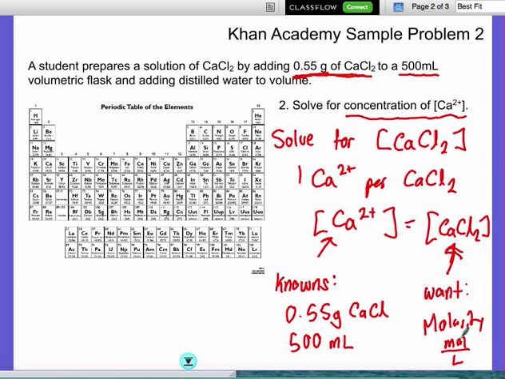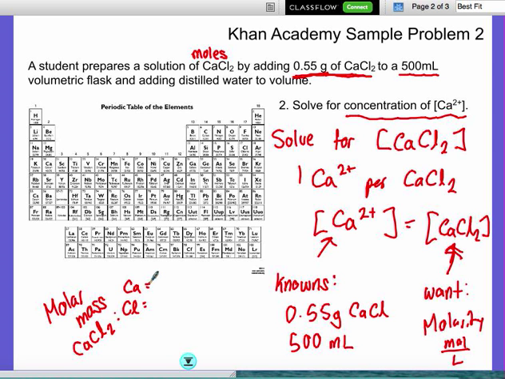Now, whenever we have grams and moles in the same problem, we're going to need the molar mass of CaCl2, so we know exactly how many moles of CaCl2 we added.